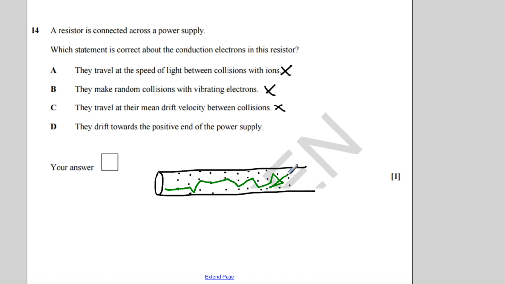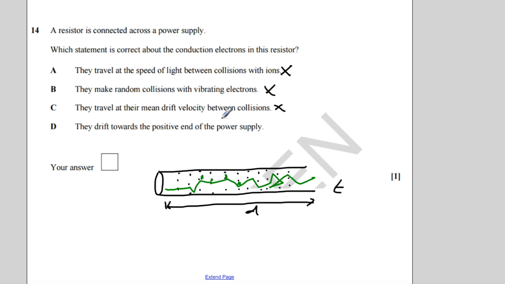Sometimes it might bounce off and go backwards, but it's going to make some kind of path like this. Now in between each collision, there's going to be a period of acceleration. So when we're talking about the mean drift velocity, we're talking about the overall distance that our electron has travelled, divided by the time that's taken. So they travel at their mean velocity between collisions is not true.